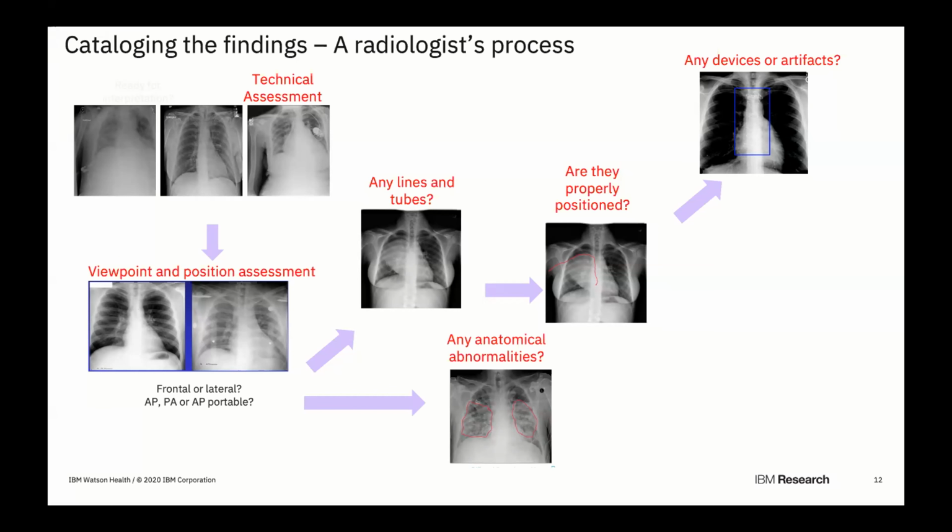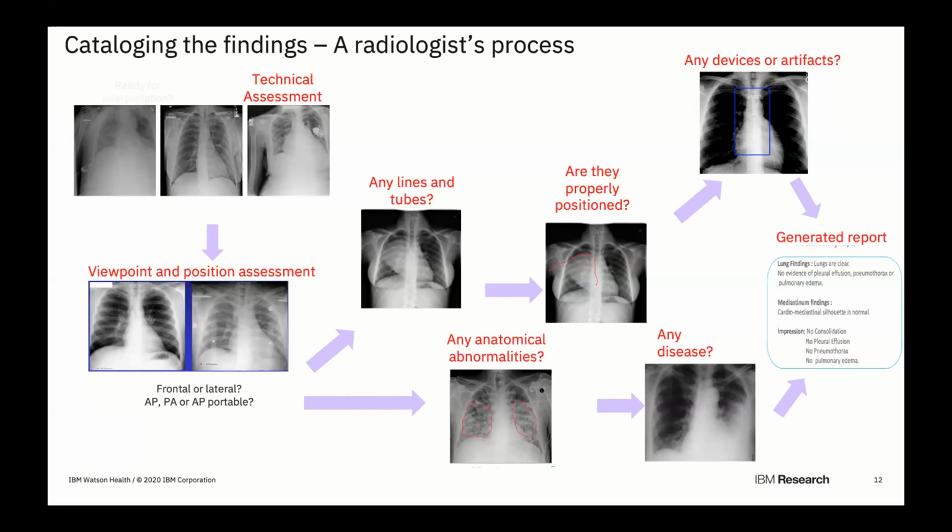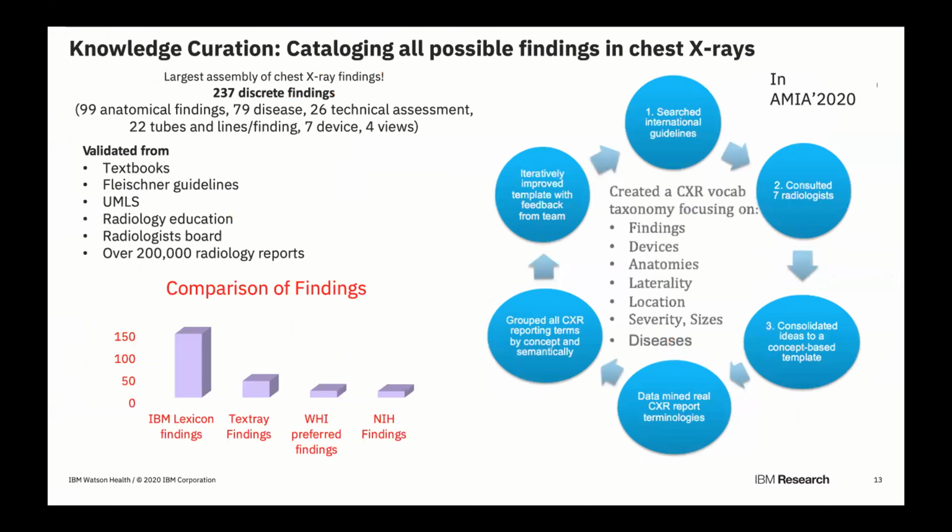And then looking at the various anatomical regions, looking for abnormalities within them, seeing what the implied diseases are, such as pneumonia and so on, and then eventually generating a report. So this is the typical process a radiologist follows. I'm not sure if there are radiologists in the audience, but perhaps they can comment on that as well. But this is what our radiologists used as a guideline to help develop the algorithms to address each of these problems in the cataloging of findings.